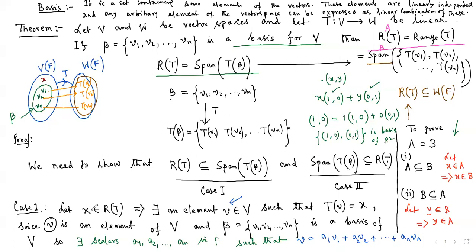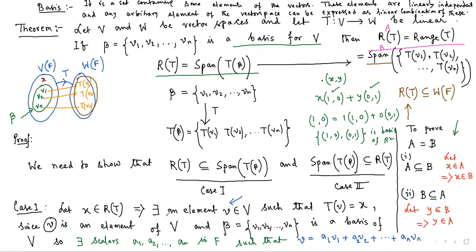Now, since X is an element of RT, then by definition, there must exist an element v in the vector space capital V, whose image is X, and it is present in RT. So we must get an element v so that T of v is equal to X. Now we know that beta containing v1, v2, ..., vn is the basis of V. So by definition of basis, any element of V can be expressed as a linear combination of these.